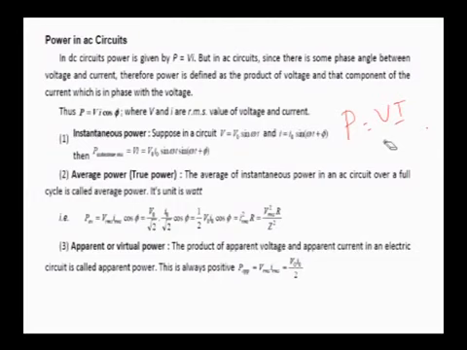P average is equal to Vrms Irms cos phi, where phi is the phase difference, because normally in alternating current, I and V do not vary in the similar way. Sometimes I will be leading voltage and sometimes V will be leading current. The phase difference between I and V is given by phi. So it is Vrms, Irms and cos phi.